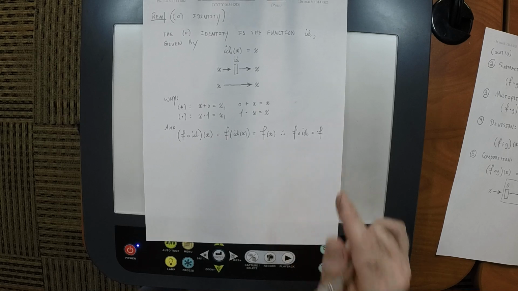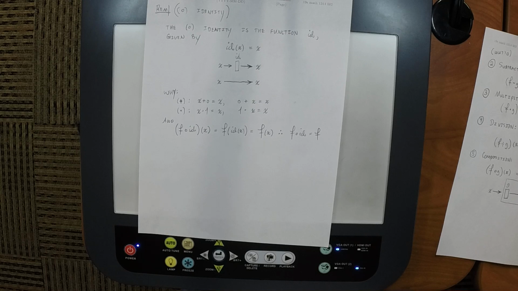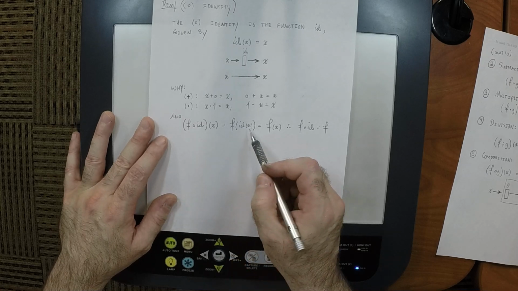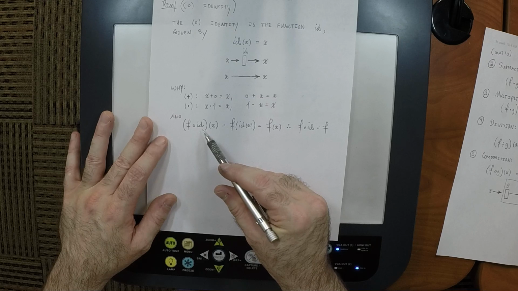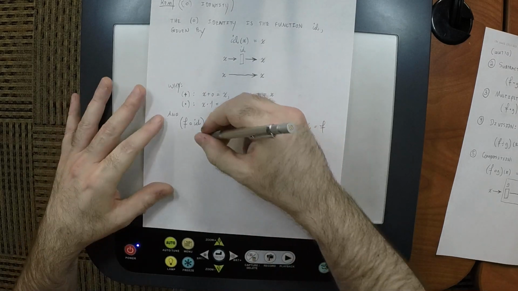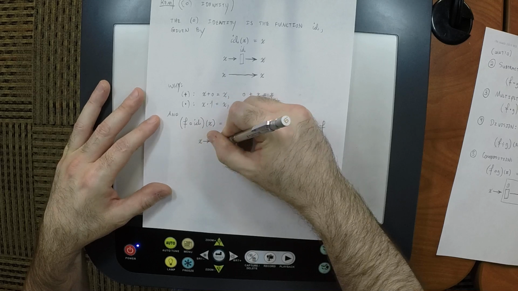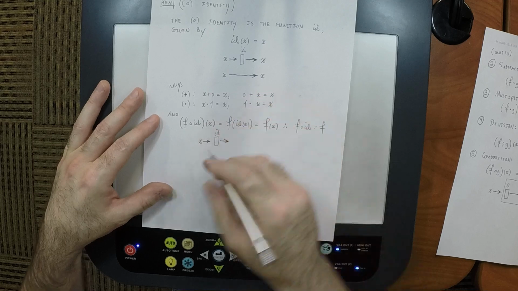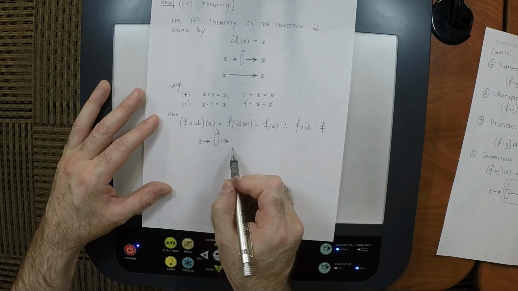But if you think of this in terms of assembly lines and machines, I claim that this is obvious, because in this order, it's saying that the input is x, and first it visits ID. Okay? So it would look like this. X visits ID first, and then out comes, well, for the identity function, if x goes in, what comes out?